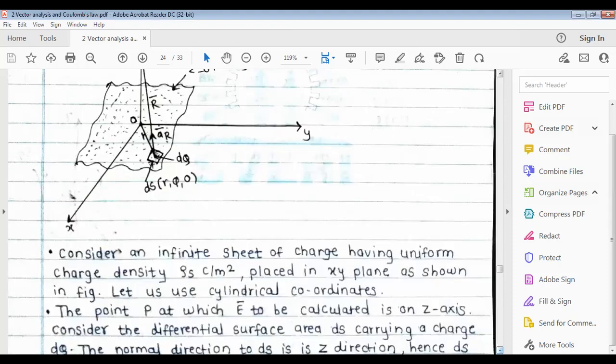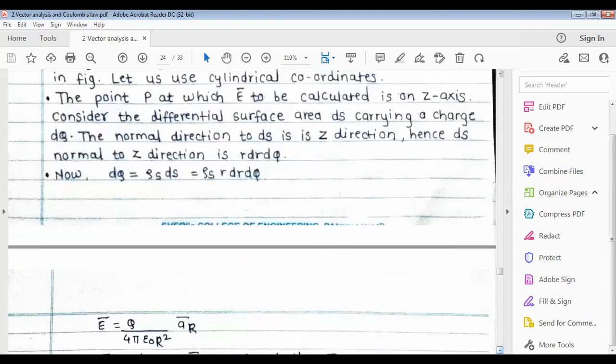So whatever explanation I told you is written here. Now this dq is equal to rho s into ds, as we have seen in the previous point also. And here ds is not the surface charge, it is the differential area.